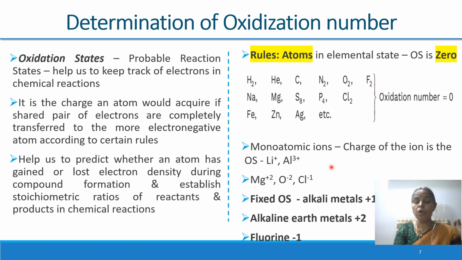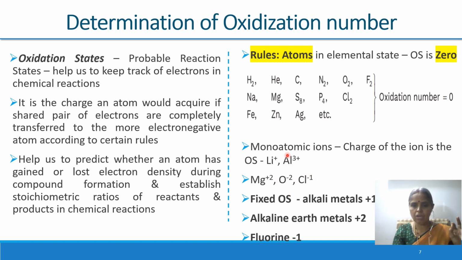Suppose you take monoatomic ions. Monoatomic ions means it did not combine with anything, simply the element is existing in its ionic form. For example, Li+, Al3+, Mg2+, O2-, Cl-, all these are monoatomic ions.